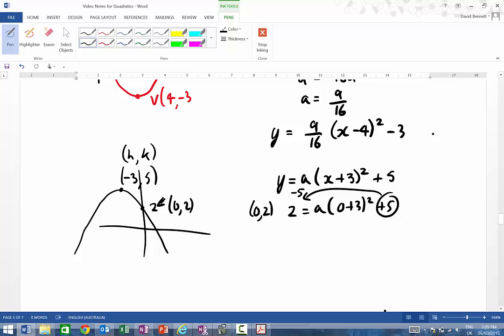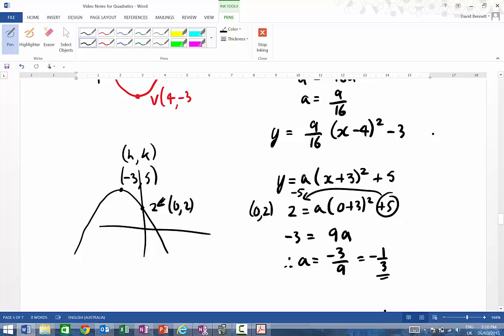Now I'm going to have 2 - 5 is -3 is equal to 3 squared, which is 9a. So therefore, a is going to be equal to -3 divided by 9, which we will write as -1/3.